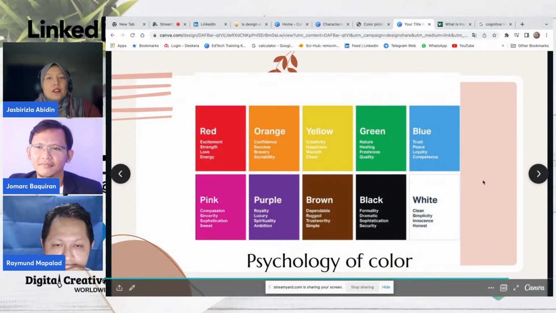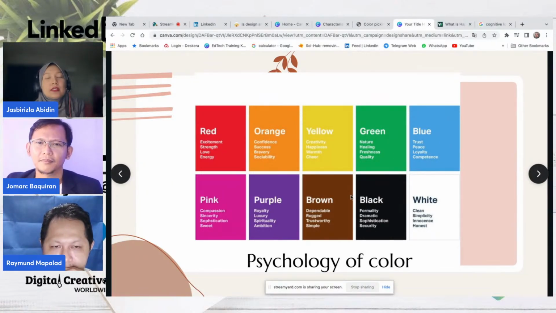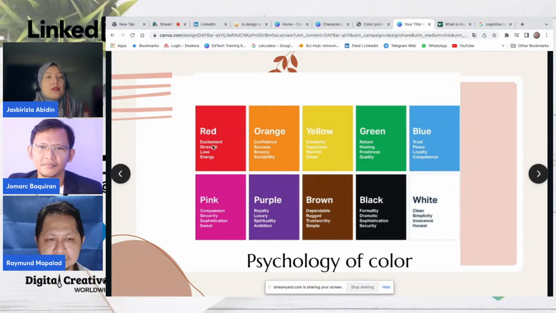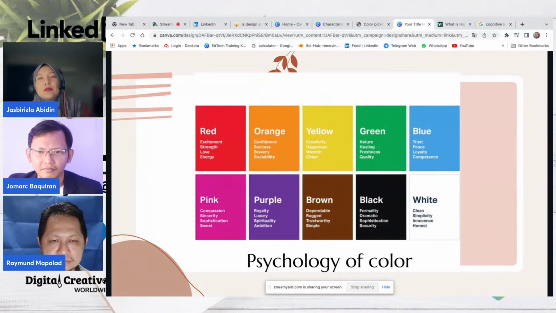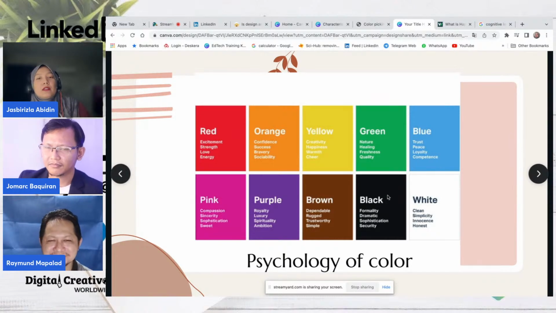Here is the psychology of colors. This is just information for me to share. If you choose red, it shows love, energy, strength, excitement. Green, healing, freshness, quality. In Malaysia, we have a blue colored party that has blue, it evokes trust, peace, loyalty, pink, compassion, and so on.